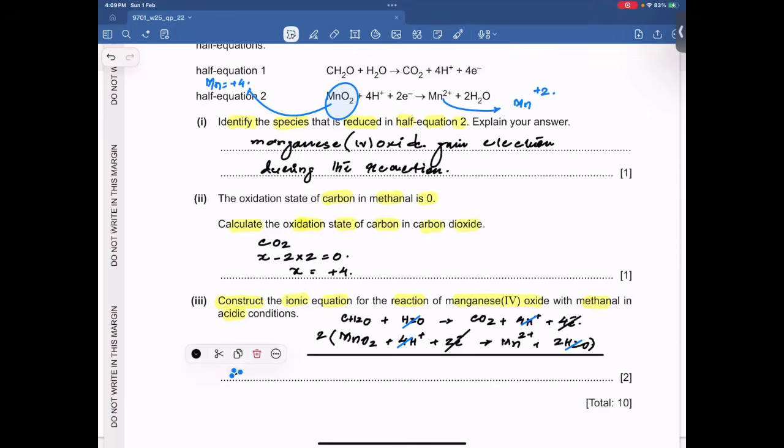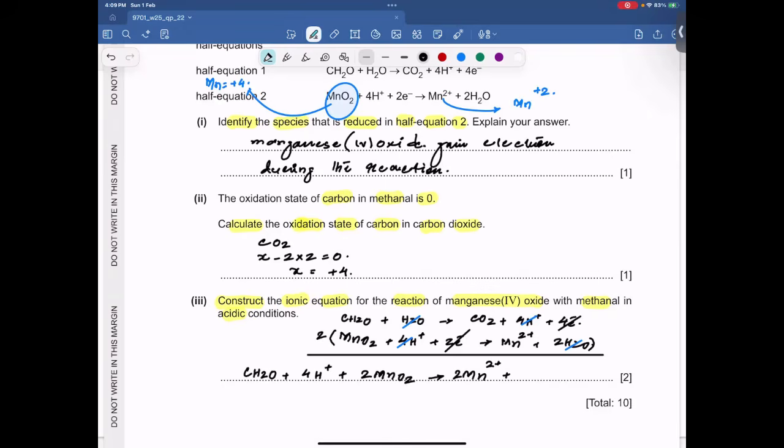So the remaining species is going to be CH2O, which is methanol, plus 4 hydrogen ion left after cancellation, plus 2 MnO2, arrow, 2 Mn2+, plus carbon dioxide, plus 3 water molecules. When we cancel 1 water molecule from 4, it's going to be 3.